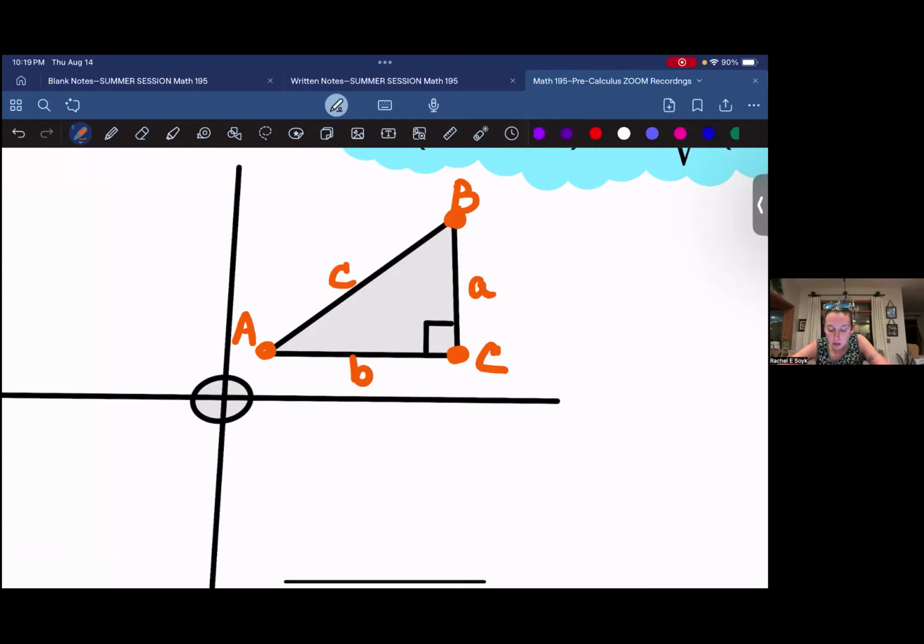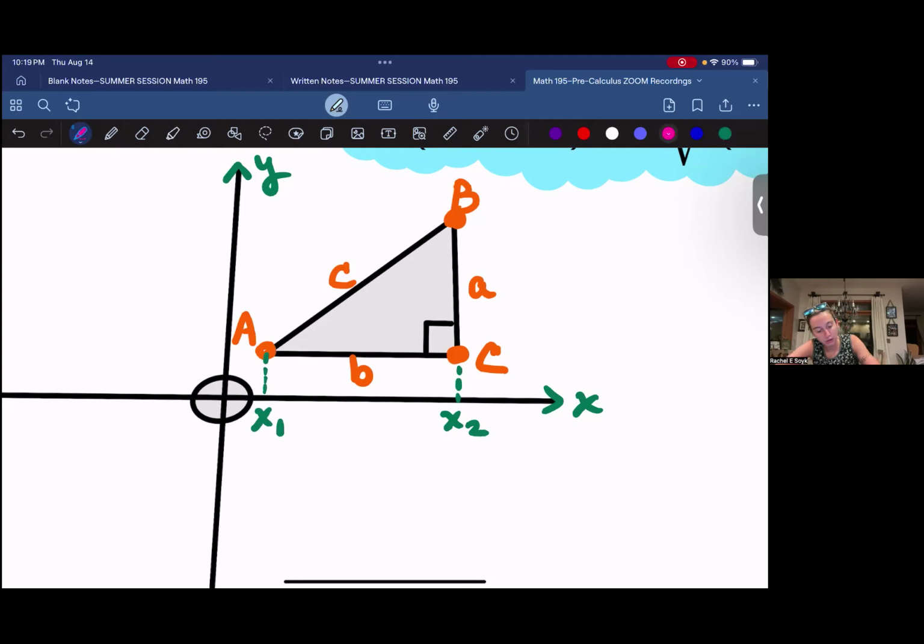And then let's also put in our x and y axis so that we can clearly state, okay, well, our x coordinate for C and B is, we'll call this x2. And then for our A, our x coordinate lies at x1.